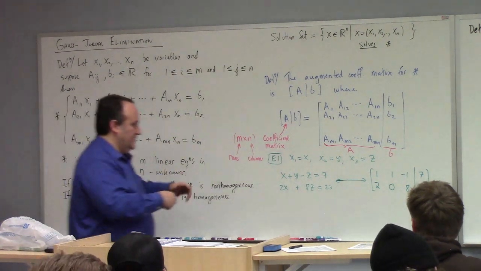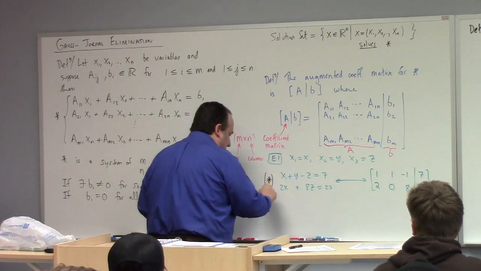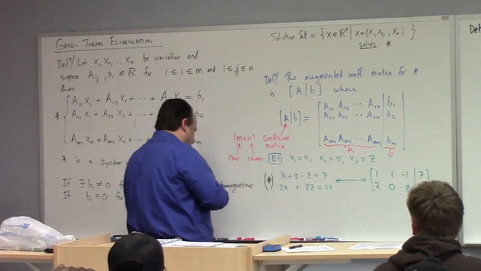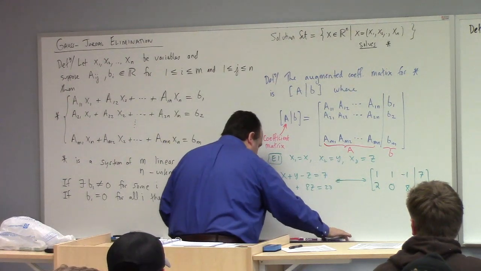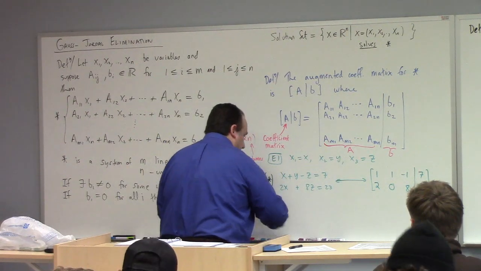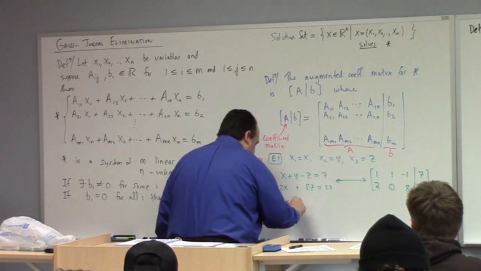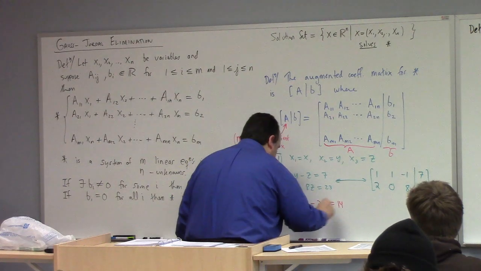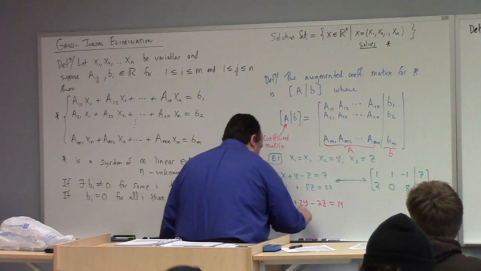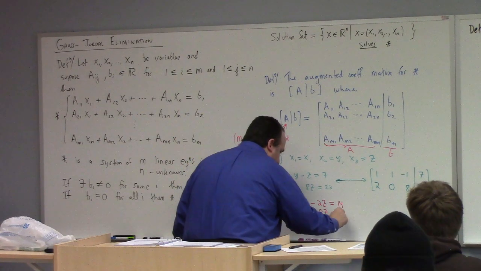Just to give you an example of what I mean by star and star star, let me do that here. If this is star, an equivalent system, I'll put it in red, could be this: 2x plus 2y minus 2z equals 14, and 2x plus 8z equals 23, right?